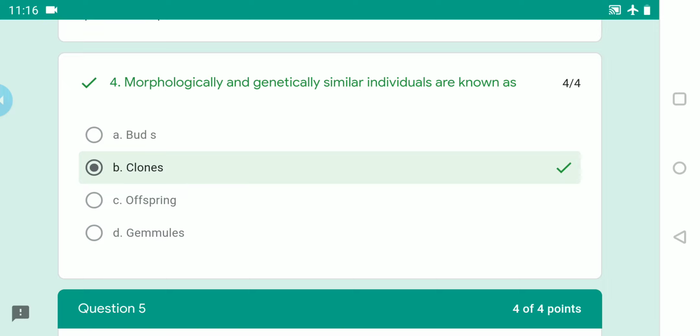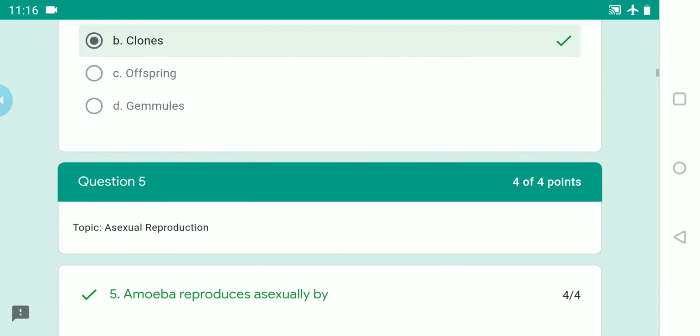Generally all the offspring are morphologically and genetically identical during asexual reproduction. The offspring are identical to one another and also exact copies of their parents. They are called clones. Which is the right answer? Option B is the right answer.